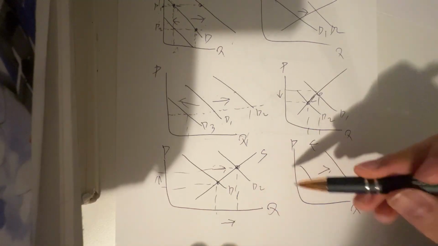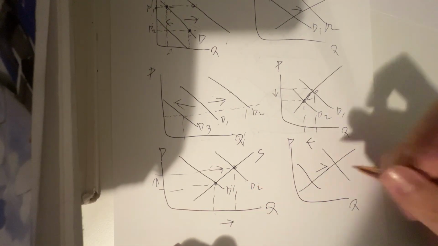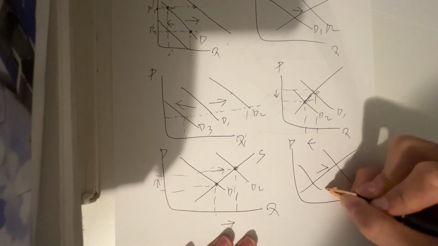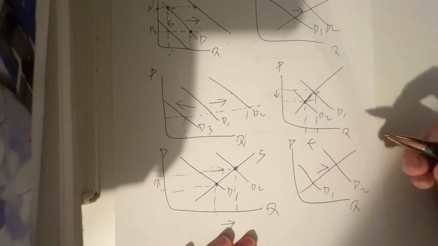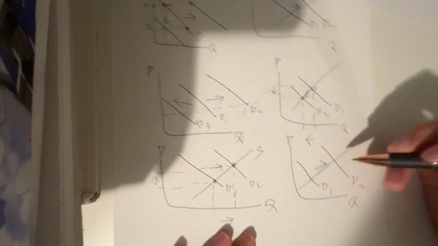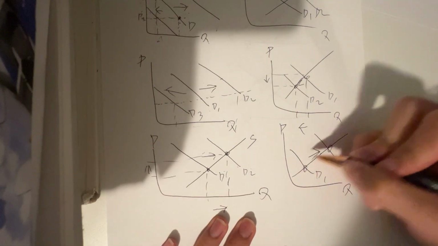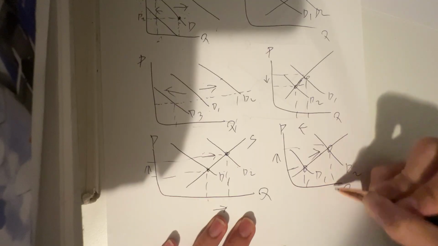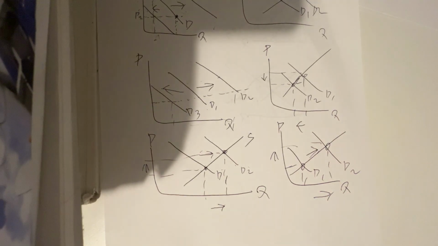And then this is the same graph as this. People are going to want to buy more. So price goes up, quantity demanded also goes up.